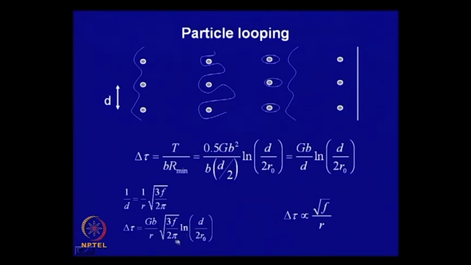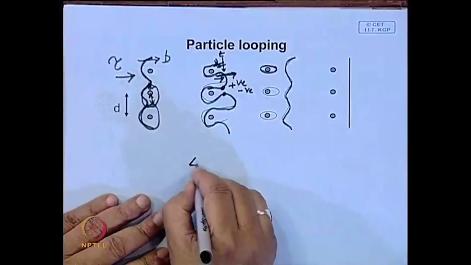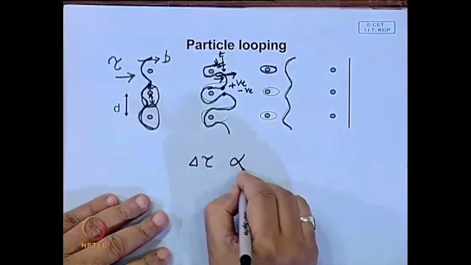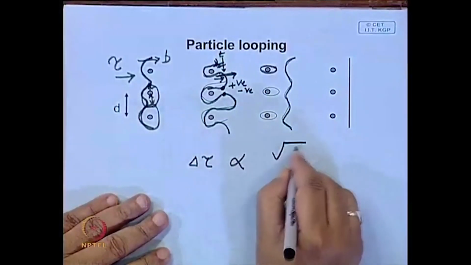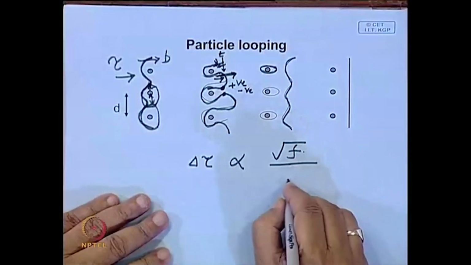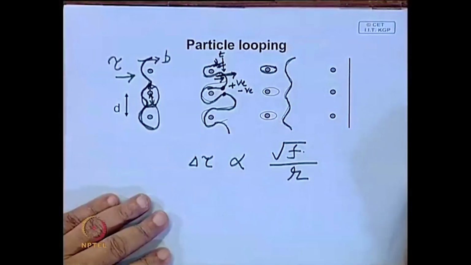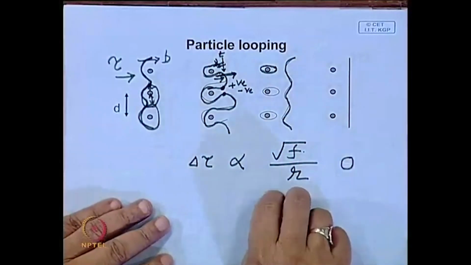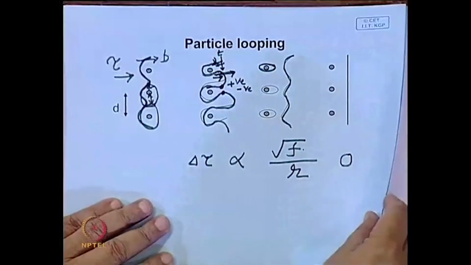In short, the strengthening you are getting is proportional to the root of the volume fraction of precipitate over the radius of the precipitate, which is quite important, and we will use it later.